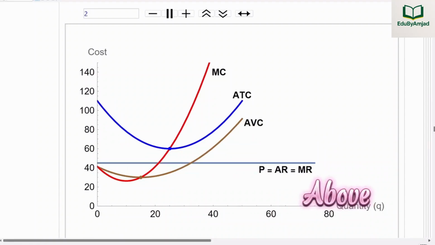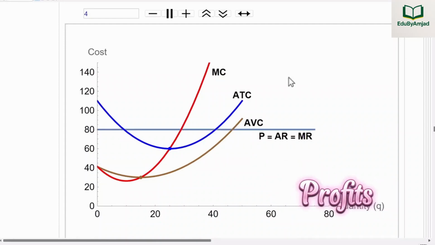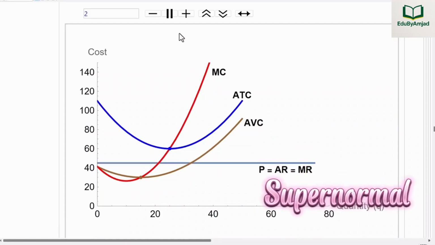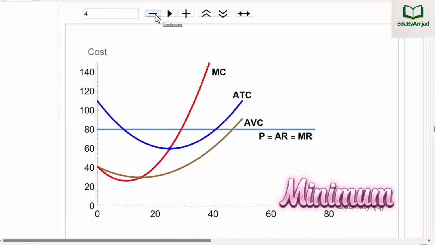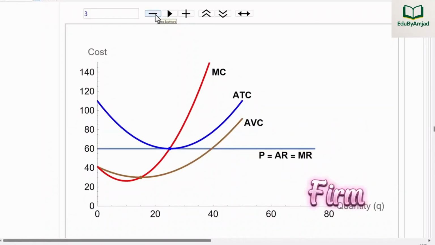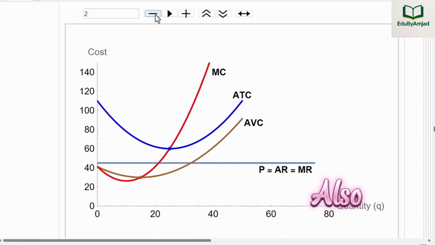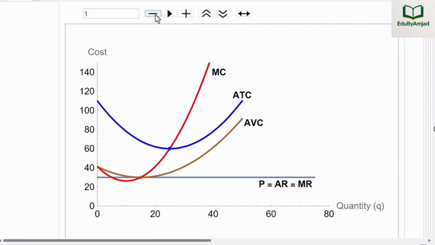When the price line is above the minimum of average total cost, the firm enjoys economic profits, also called supernormal or positive profits. When the price line is tangent to the minimum of average total cost, the firm gets zero profit, also called normal profit.